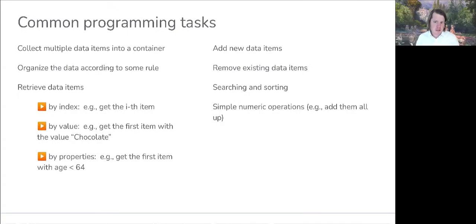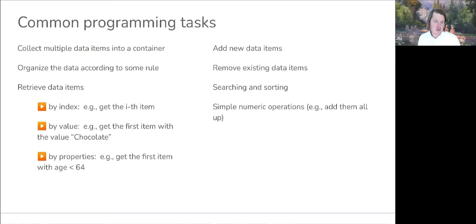Now let's consider this a bit further. Let's consider our common programming tasks. Frequently, we will collect some sort of data into a container. If you're reading in some values, maybe you're creating some sort of object from those values and then throwing them into a standard library vector so that you have a collection of those entities.